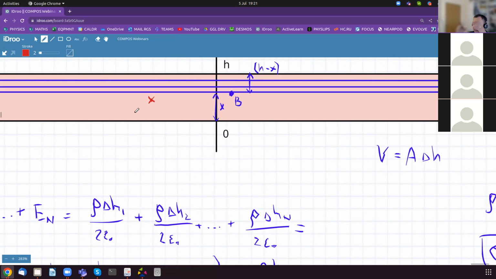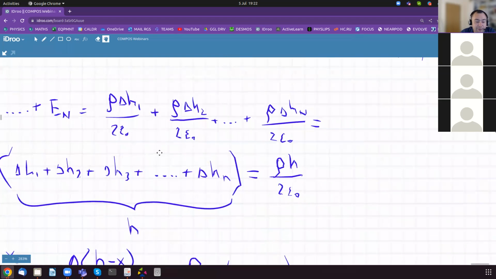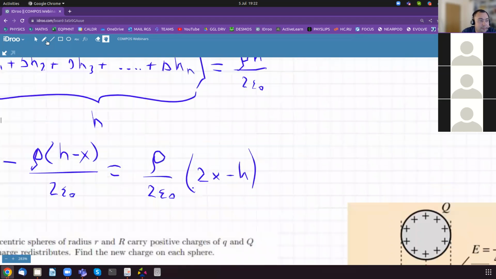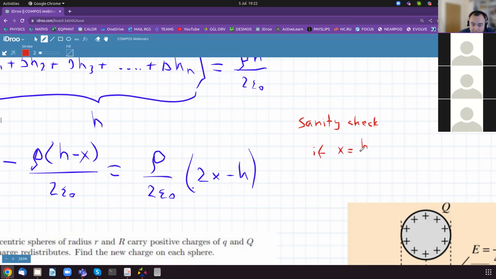Yes, because you have exactly the same amount of charge above and below, and because it's uniformly charged, the fields cancel. So if X is H over 2, if we are right in the middle, we substitute and we have 0. The electric field is 0.